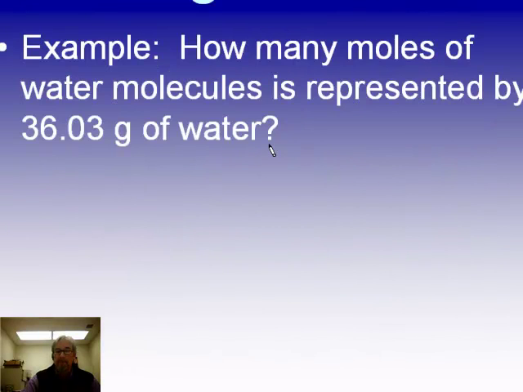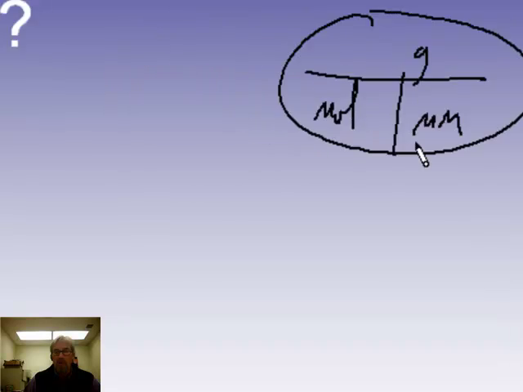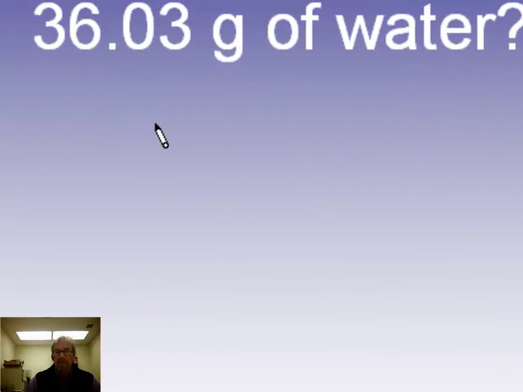How many moles of water molecules is represented by 36.03 grams of water? Well, my device tells me if I want moles, I'm going to have to take grams divided by molar mass. So I'll take the grams, 36.03 grams, and I'll divide by the molar mass of water. Water is H2O.